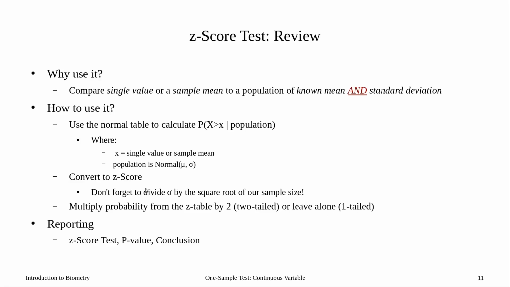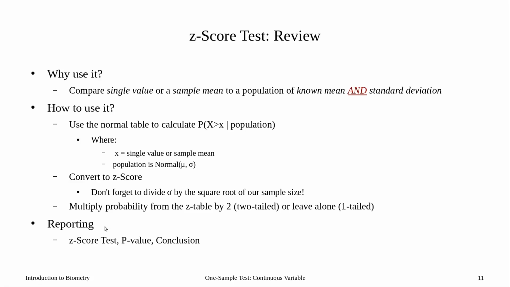Now, just to note, remember that we will take our sigma and divide by the square root of our sample size no matter what. So even if we only have a single data point, a sample size of 1, we would still divide by the square root of 1 because we're working with the standard error.